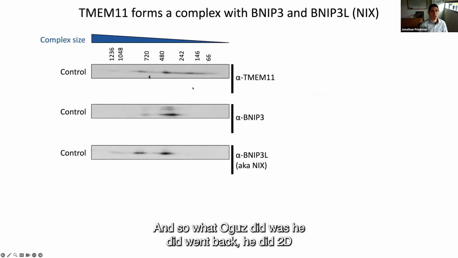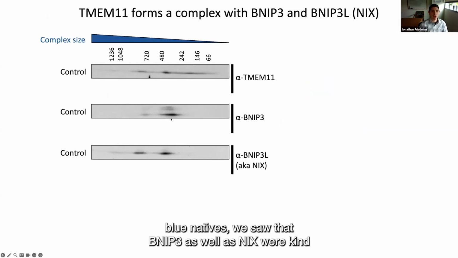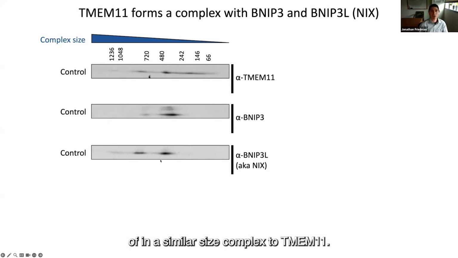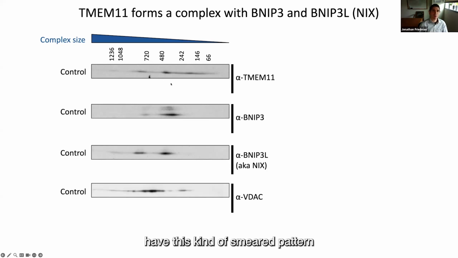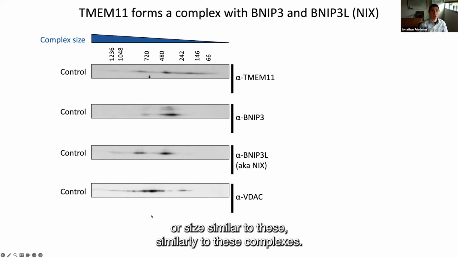And so what Oz did was he went back and did 2D blue natives. We saw that BNIP3 as well as NIX were in a similar size complex to TMEM11. So that was a point in favor. But I want to point out that if you do these gels, and I think anybody in the audience who's familiar with this knows, a lot of proteins will actually have this smeared pattern or size similarly to these complexes.